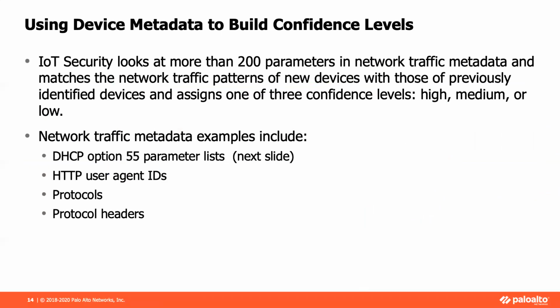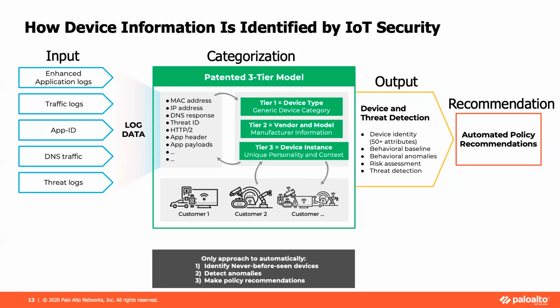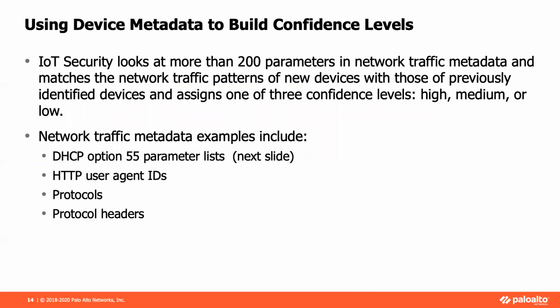There are a lot of parameters in the metadata in these enhanced application logs, these EALs, that we are looking at. More than 200 different parameters. So we can match different traffic patterns and different devices with older traffic patterns, look back in time and understand changes.